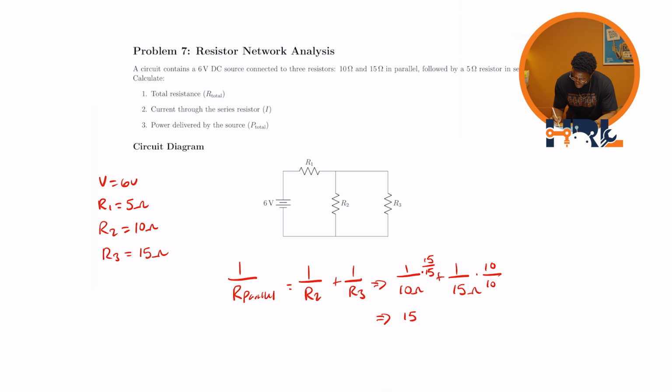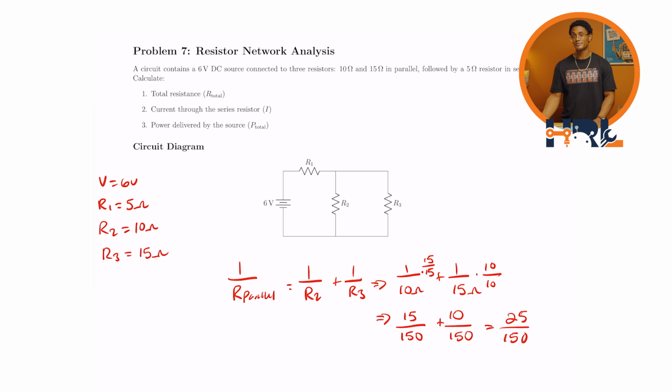We now have 15 over 150 plus 10 over 150, which is 25 over 150. Now if we flip the fraction, we can find the total equivalent resistance of that parallel connection. So R parallel is equal to 150 over 25. So the total resistance here is going to be 6 ohms.